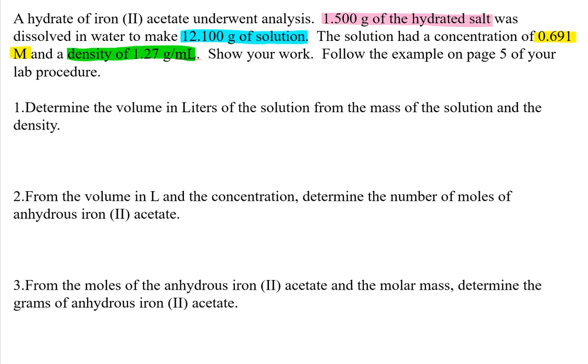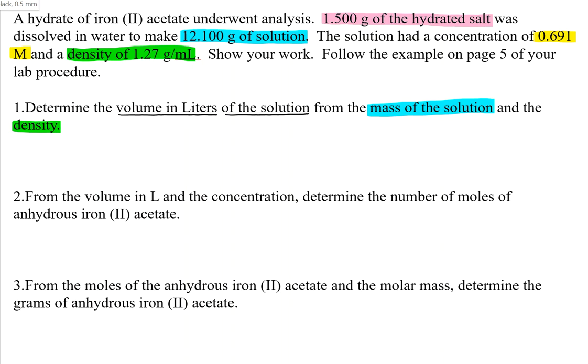There is an example directly in your lab procedure, so I'm just going to give you some hints on how to work this out. You want to determine the volume in liters of the solution from the mass of the solution and the density.